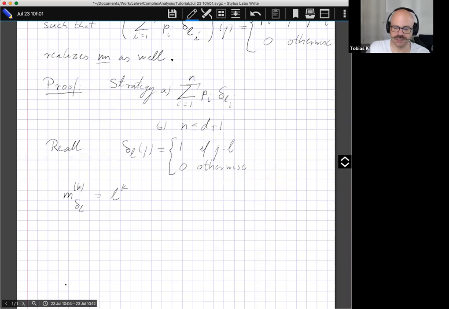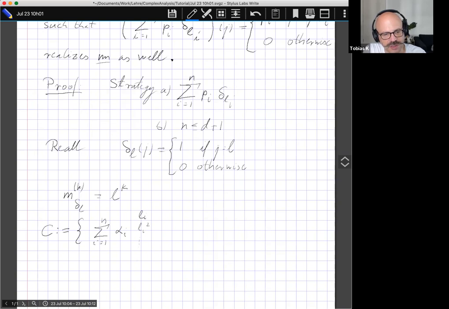This gives me the idea to introduce the following set. The set C is the set of all sums, i equals 1 to n, of alpha_i times (L_i, L_i squared, up to L_i to the d).